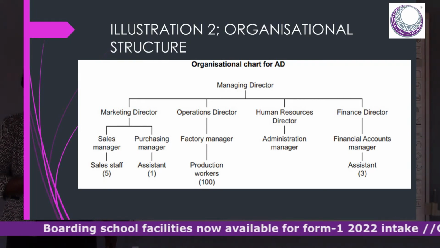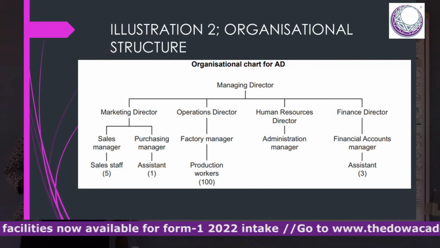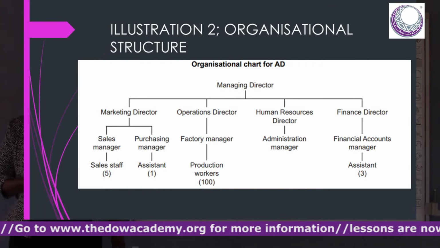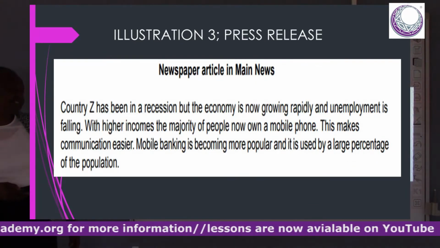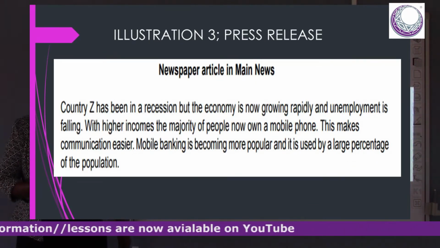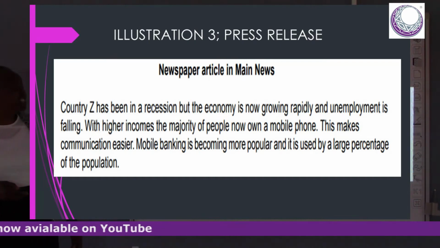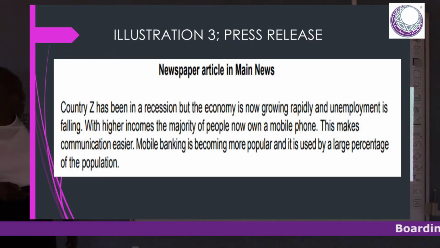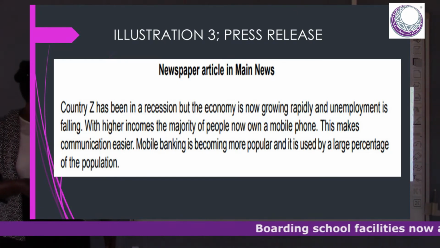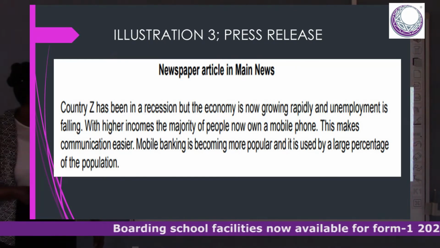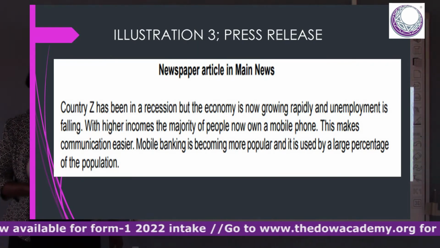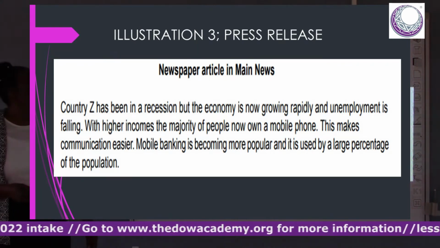My next illustration is a press release, a newspaper article in the main news. It can be found in a case study. Here they say country Z has been in a recession, but the economy is now growing rapidly and unemployment is falling with higher incomes, and the majority of people now own a mobile phone.